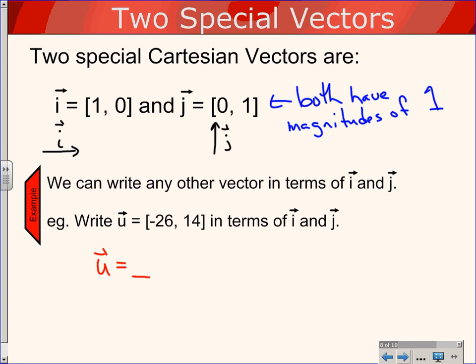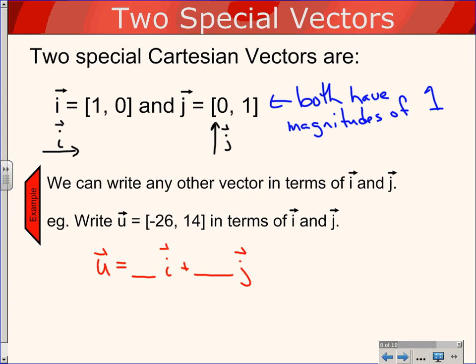So I need some number of vector i's plus some number of vector j's. And this is not supposed to be a hard question here. i and j are the simplest vectors we can possibly pick. So for vector u, I need an x component of minus 26. That means I needed to go left 26, right?